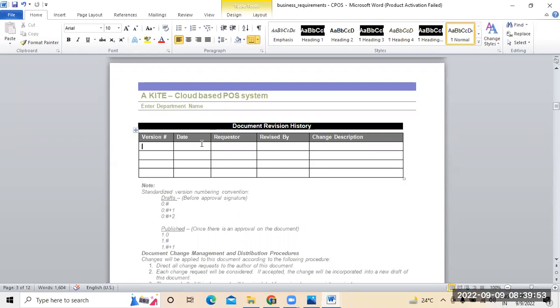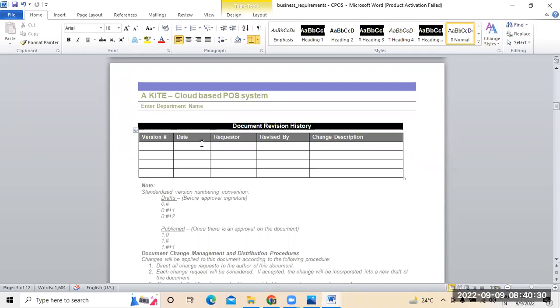So there is a possibility that we may be changing a few things. How do you know? Because if you don't prepare a document revision history, you have to prepare this document in duplicate format, right? So duplication will happen. In order to reduce duplication, the document revision history helps us record what changes we have made so far. All these things will be explained under the change description.